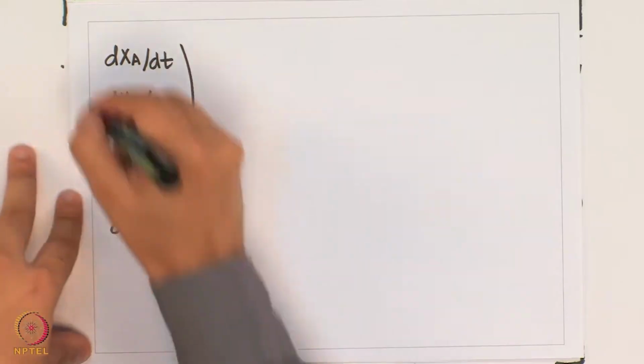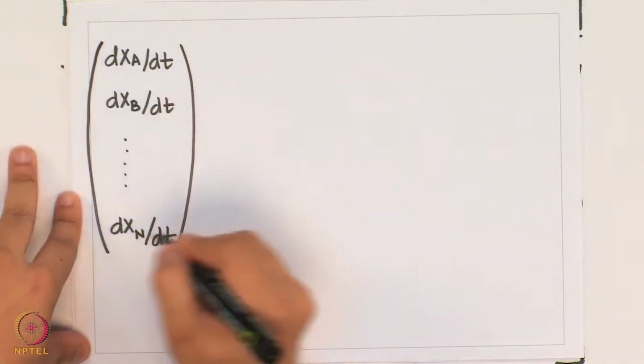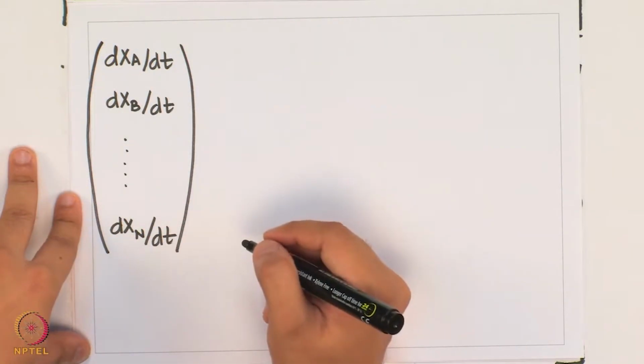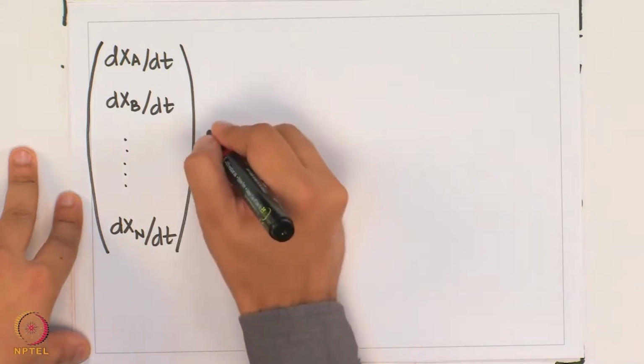is my left hand side, which represents the rate of change of frequencies of all n genotypes associated with the environment.